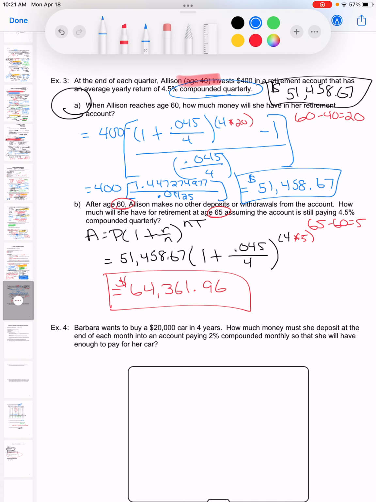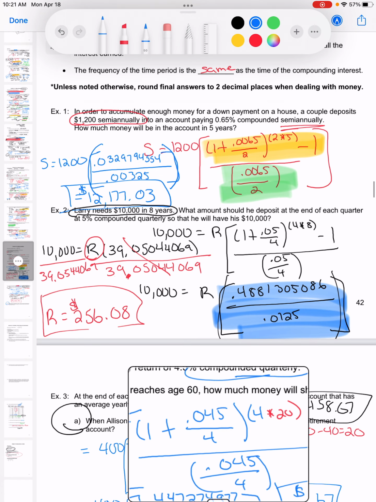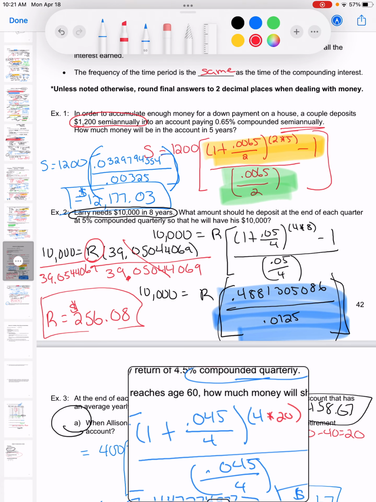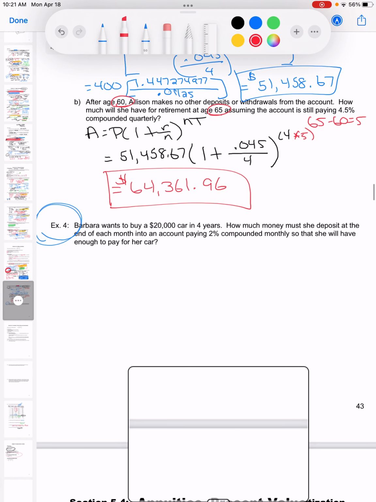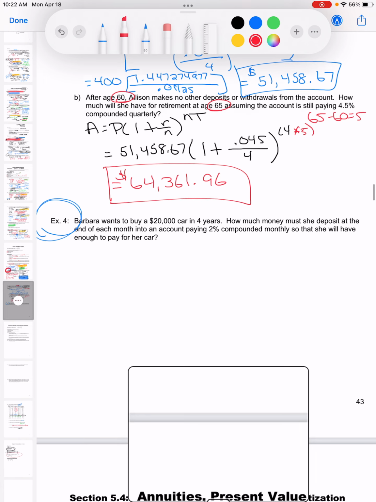All right, last example from this section, we'll look at example 4. I'm going to let you guys try this one as well, but I'm going to tell you it's like example 2 up here, the example 2 that we worked. We're going to be time traveling, as I say it. We want to buy that car in 4 years. So I want you to go ahead and hit pause and give that one a shot.